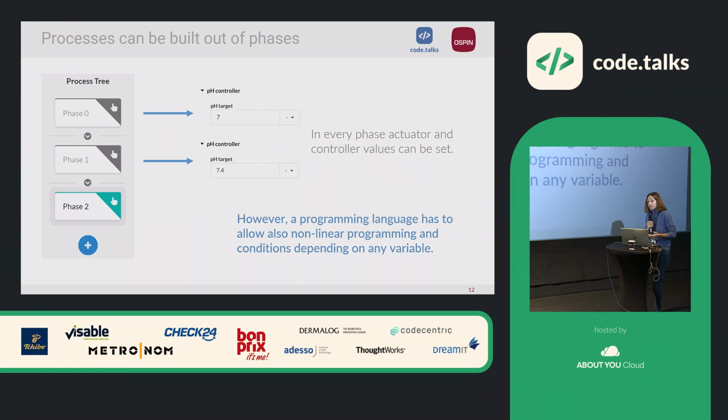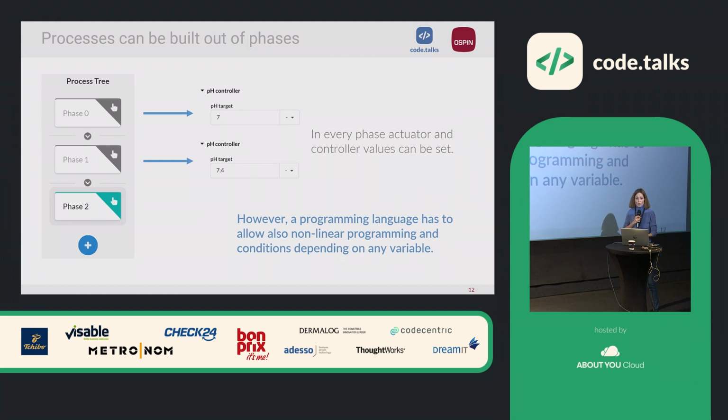Now, we are getting there to have a programming language, but you may say, yeah, you can set some variables, you have a program execution, but it's still not quite a programming language. What are we missing? First of all, we are missing the ability to set conditions on variables. It's something that you usually do when you are programming. You say, if that variable is bigger than that, then do this, and so on.